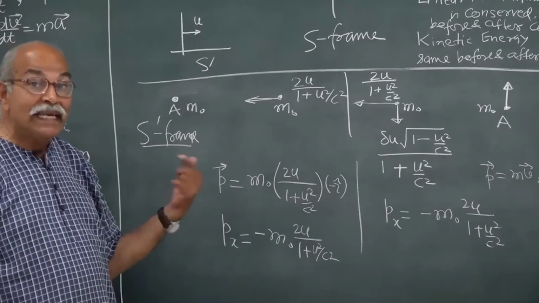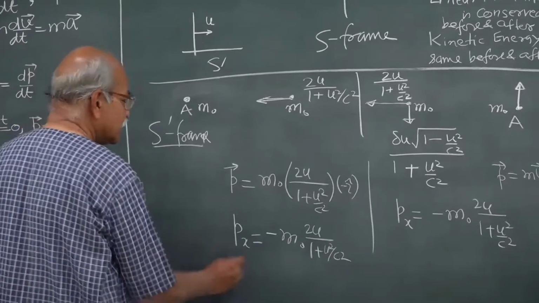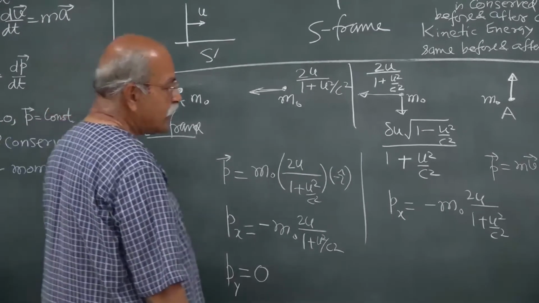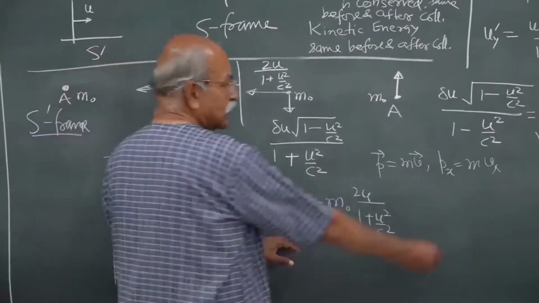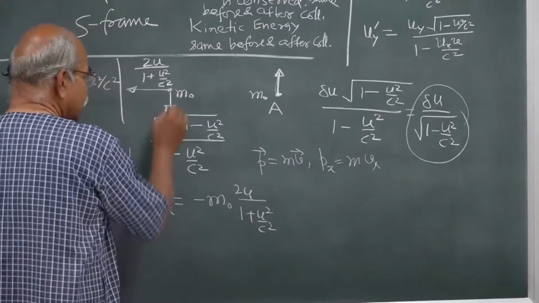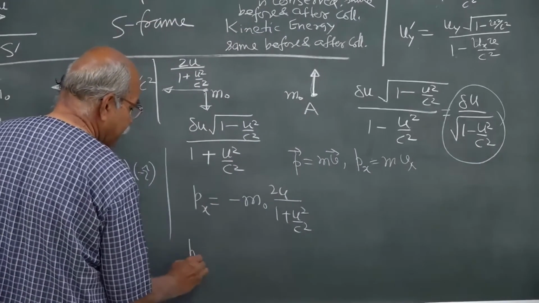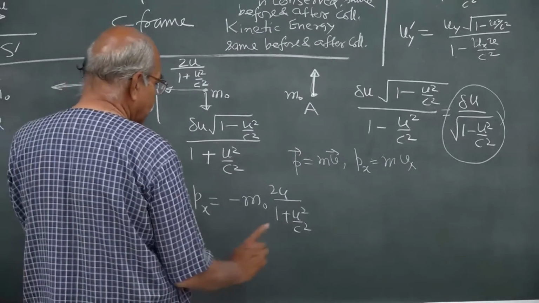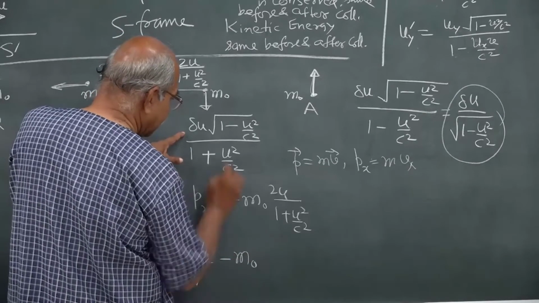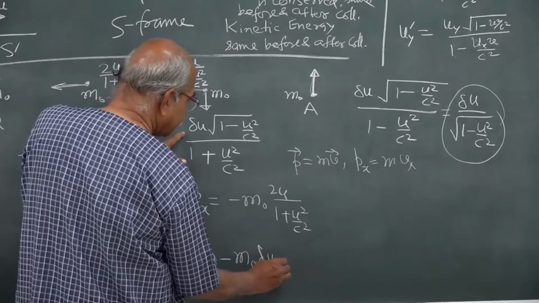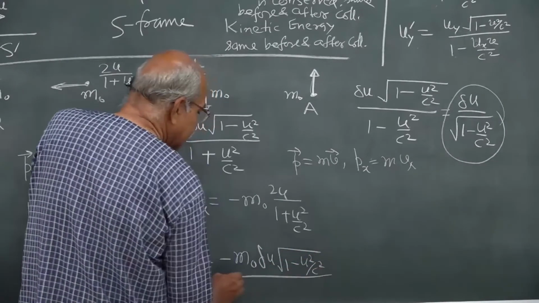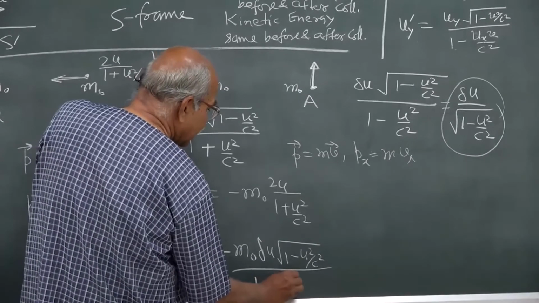What about the y component? The y component here is 0, and the y component here is not 0. Look at the velocity here. This is the speed, this is the y component. So py, if you write this, does not come out to be 0. It will be minus m naught times delta u and square root of 1 minus u square by c square divided by 1 plus u square by c square.